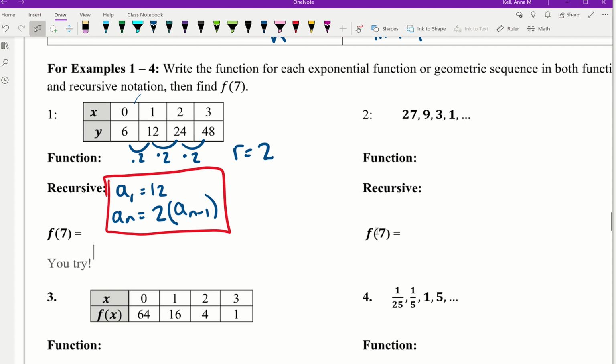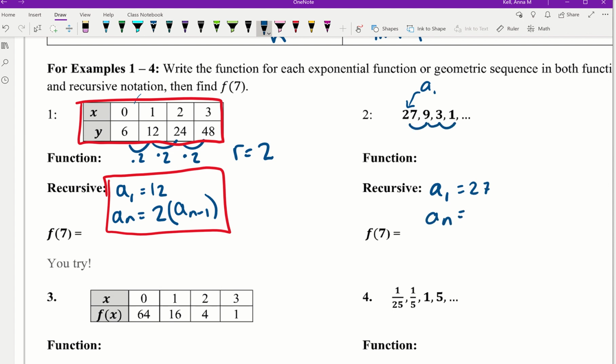Let's look at this other pattern. Do you see how the information is given here versus given here? In this example number 2, this first entry here is your A1. So if I'm going to write my recursive formula, my A1 is 27. Now I look at what my multiplier is.